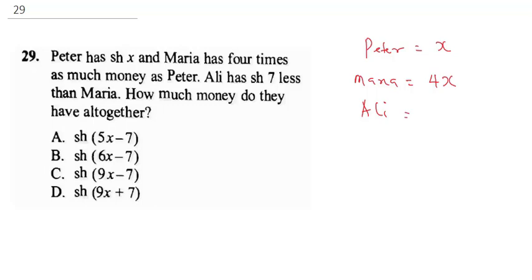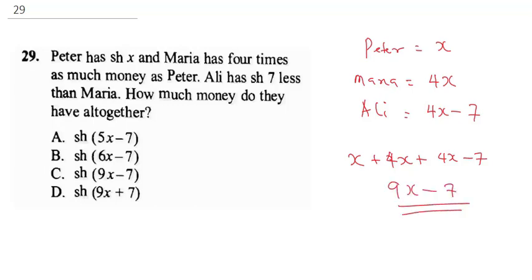Ali has 7 less than Maria, that's 4x minus 7. Now the total is going to be x plus 4x plus 4x minus 7. x plus 4x plus 4x is going to give us 9x minus 7. So this is the total. So the correct answer here is C. So mark this. Remember your units.